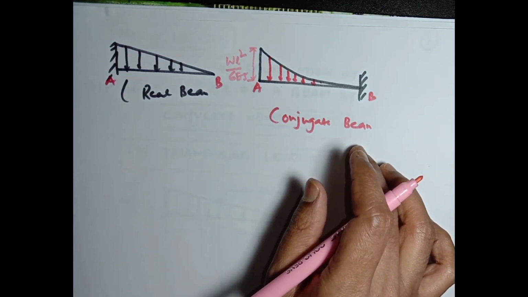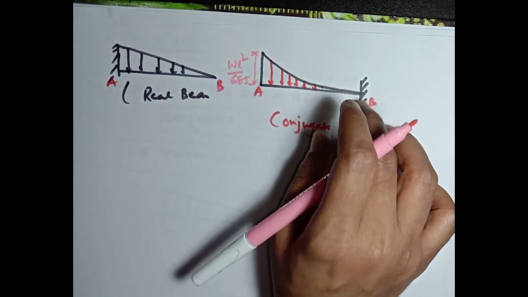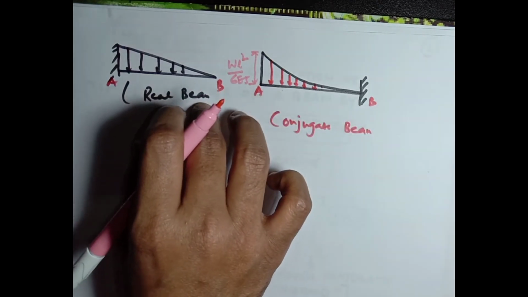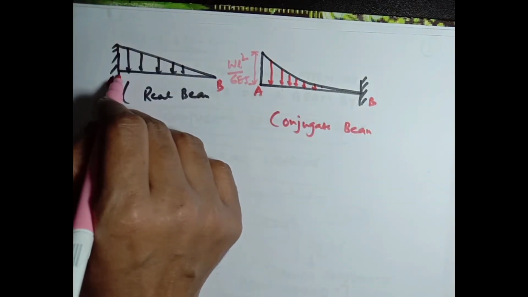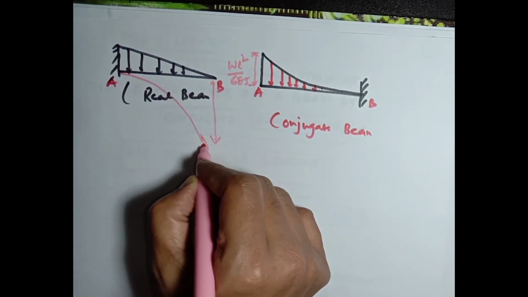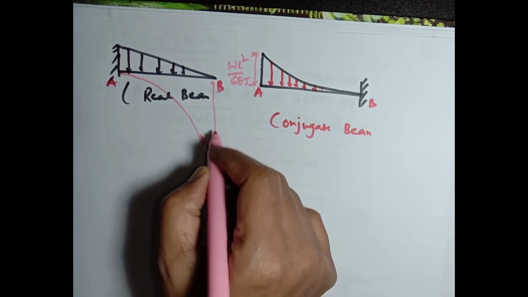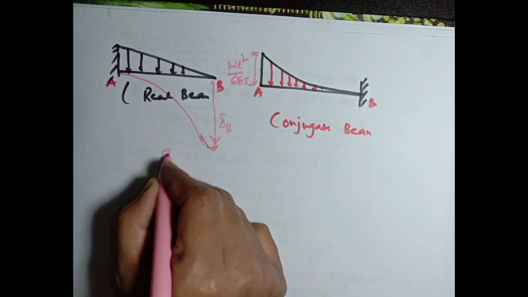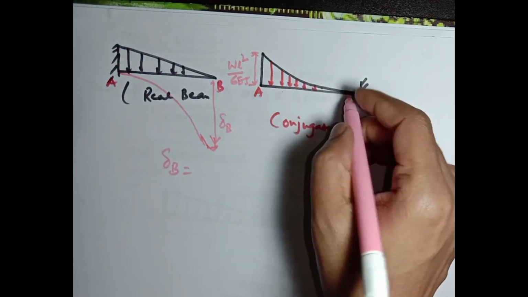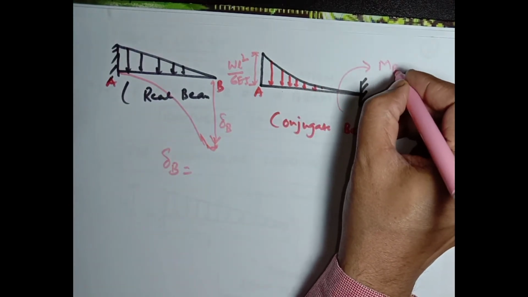Now it will be very easy to find the bending moment at point B of this conjugate beam, which will give the deflection delta B. Delta B in the real beam will be the bending moment MB in the conjugate beam.